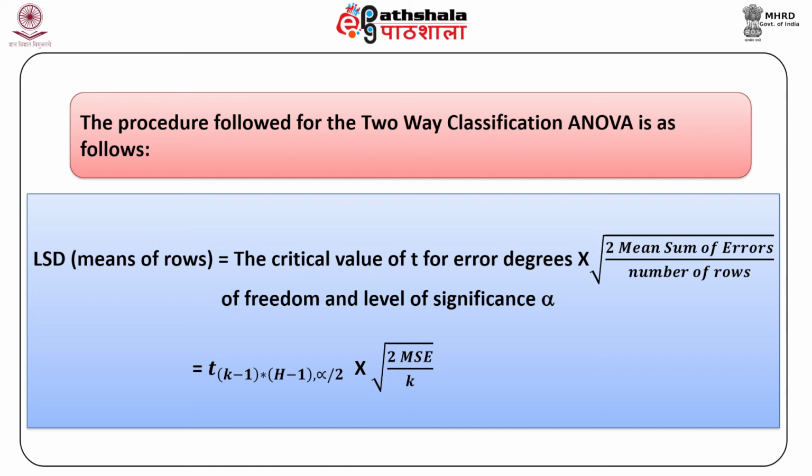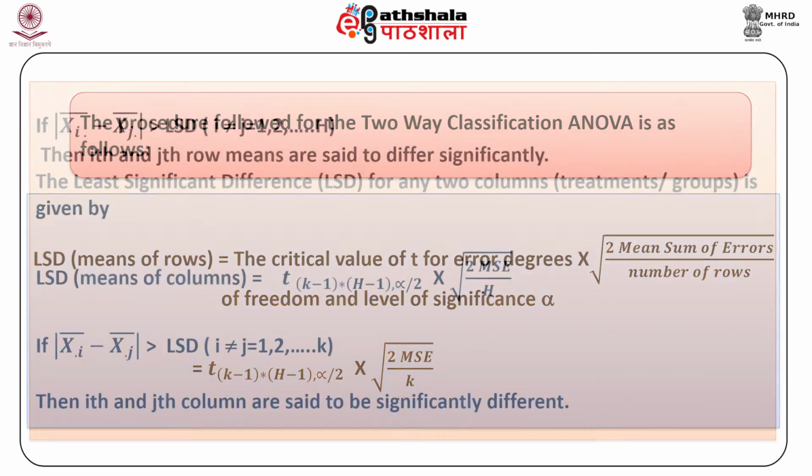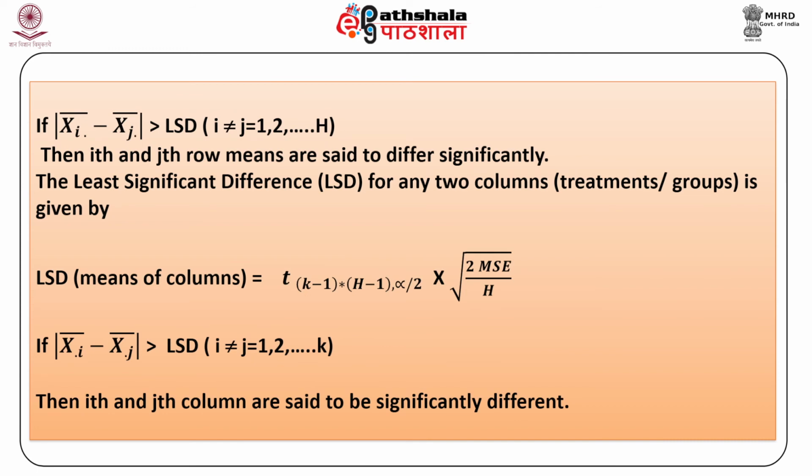This can be written as t with degrees of freedom k minus 1 into h minus 1 and alpha by 2 as the level of significance, into the square root of 2 MSE divided by k. If the modulus of xi dot bar minus xj dot bar is greater than LSD, where i is not equal to j and j is equal to 1 to h, then the ith and jth row means are said to differ significantly.